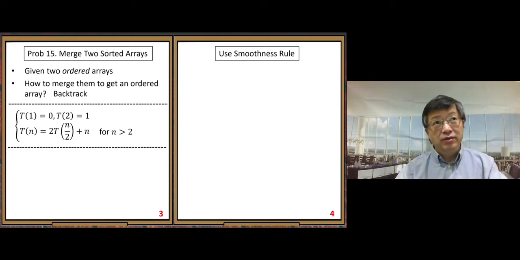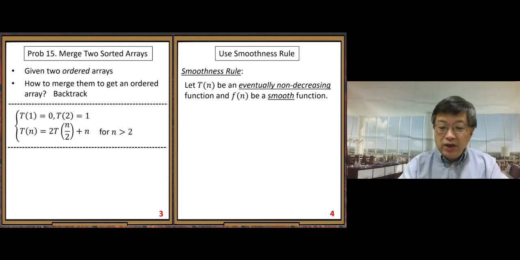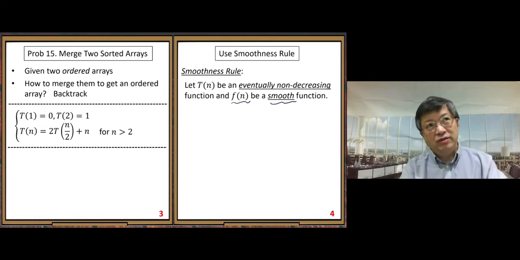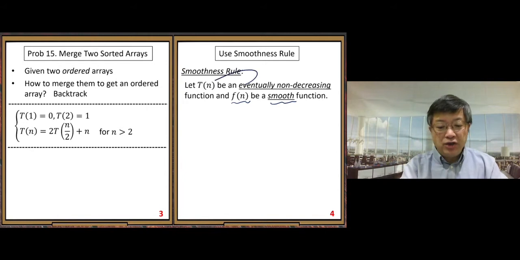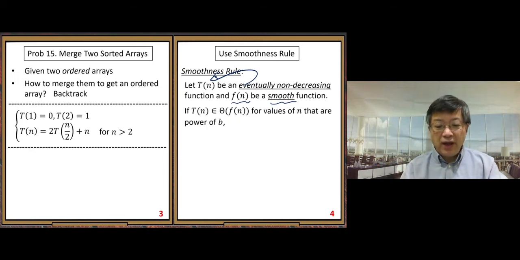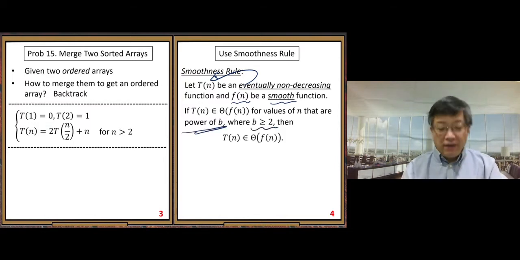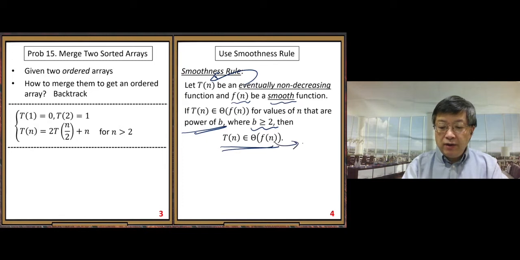But many of you are not familiar with the smoothness rule, so let me write it again. If f of n is an eventually non-decreasing function and smooth, where f of n is the growth function we use to measure T of n, and T of n belongs to big theta of f of n for values that are powers of b, greater or equal to 2, then T of n belongs to big theta of f of n for the general n.